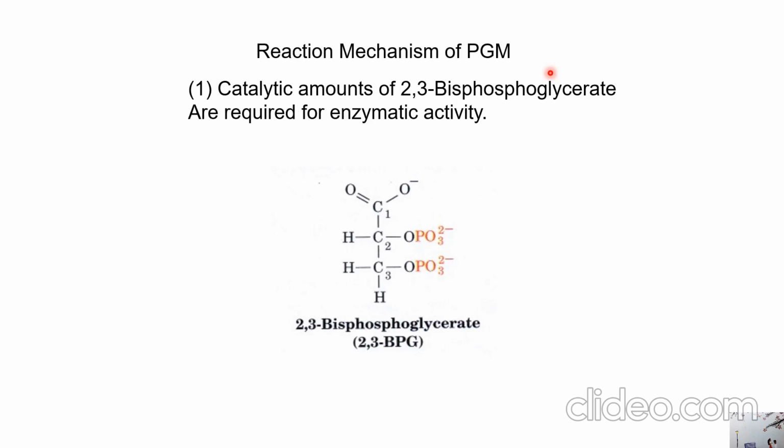What is the reaction mechanism of phosphoglycerate mutase, or PGM?